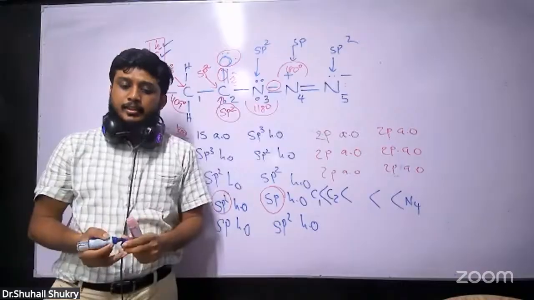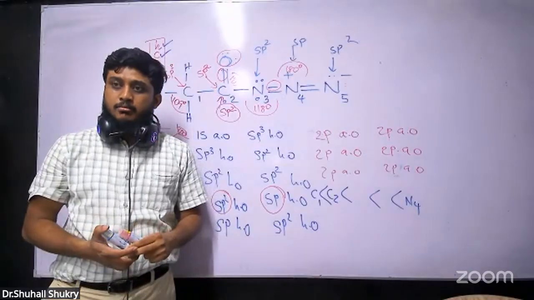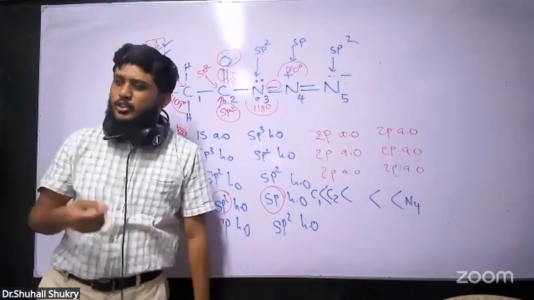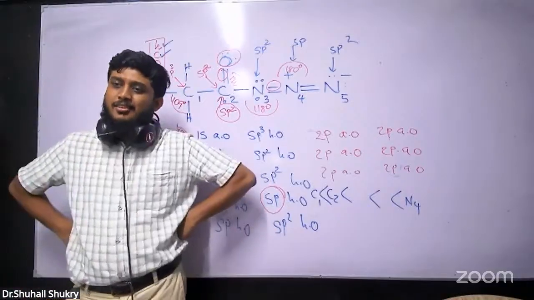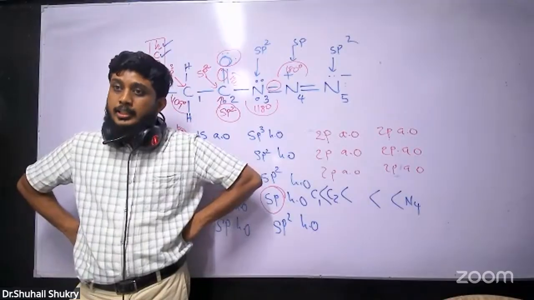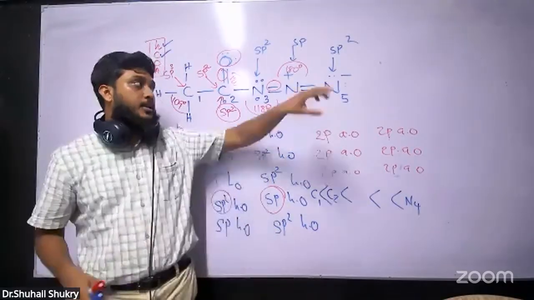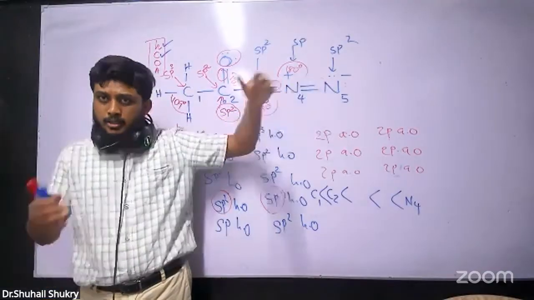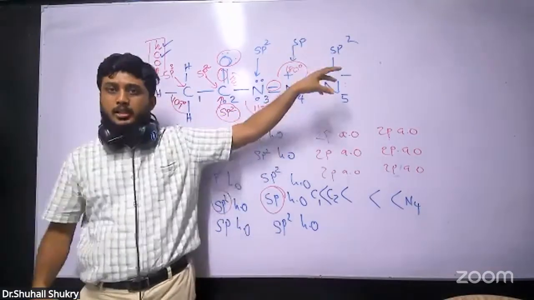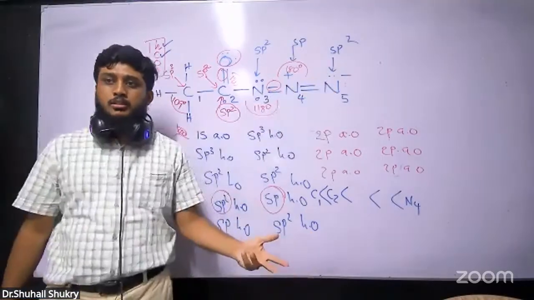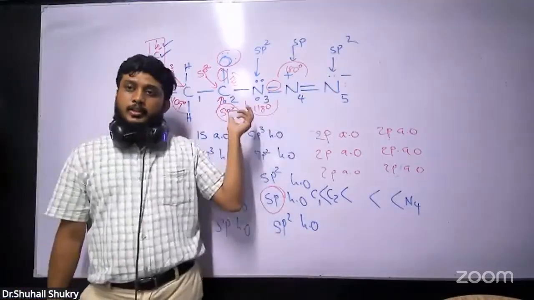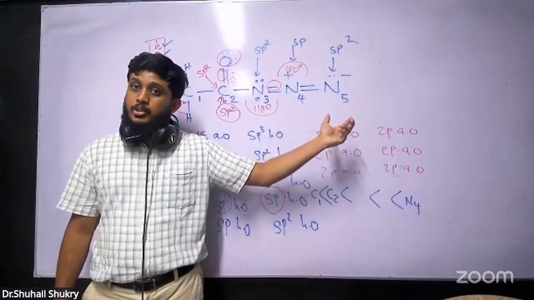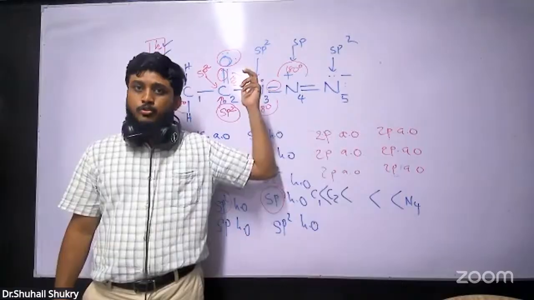When there is a minus charge, will electronegativity increase or decrease? Electronegativity is the ability to attract electrons. If they have a minus charge, electrons will be repelled and go away. So with a minus charge, electronegativity reduces. A neutral one is more, and a positive charge is more than a neutral one.